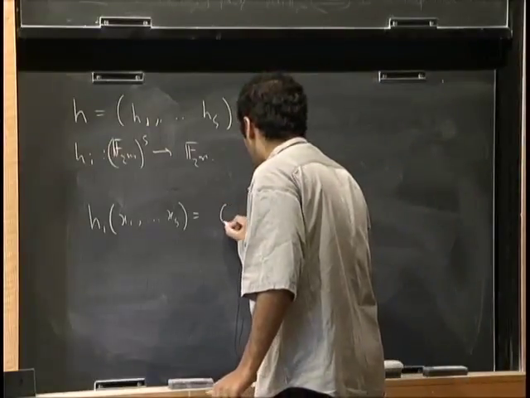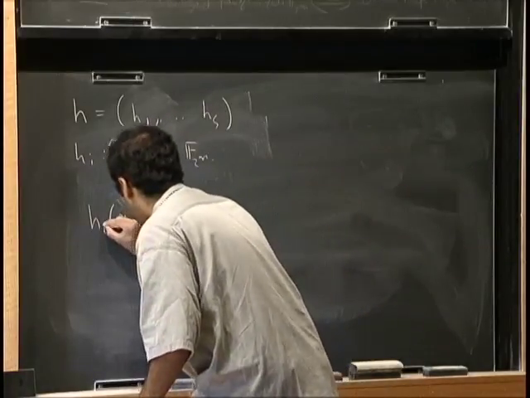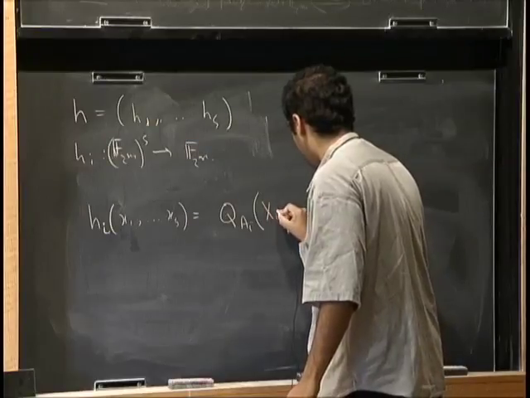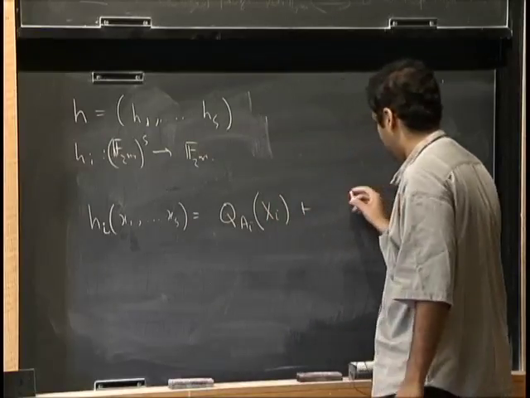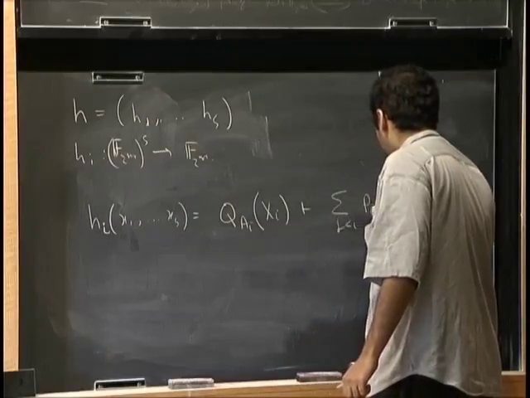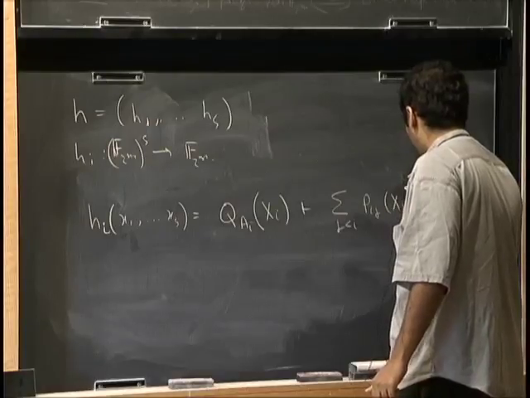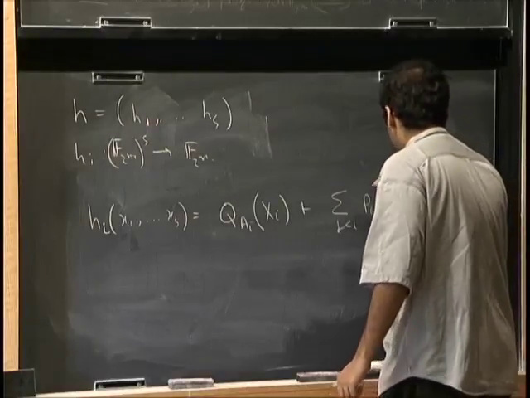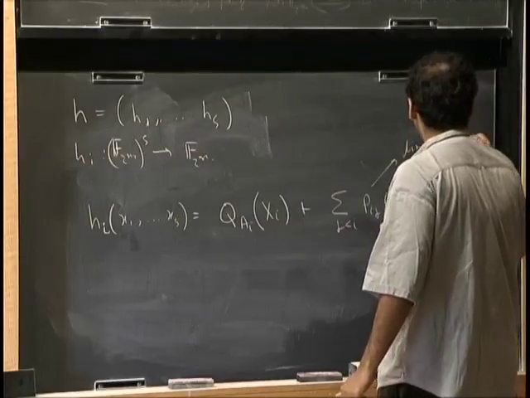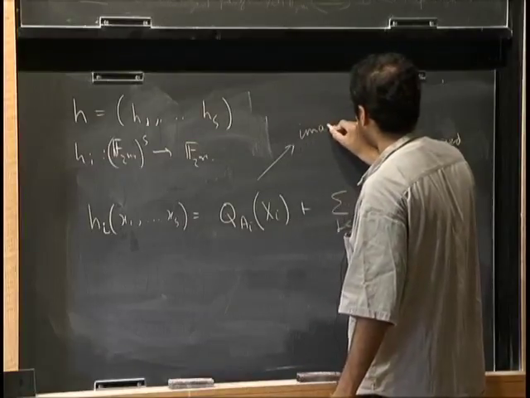So this is HI, this is QAI of xi plus the sum over all j less than i of some map of the form Pij of xj, where this is linearized and this is the image subspace polynomial of AI.